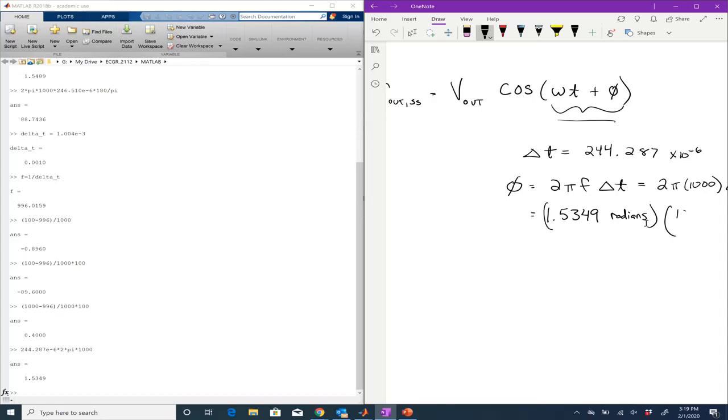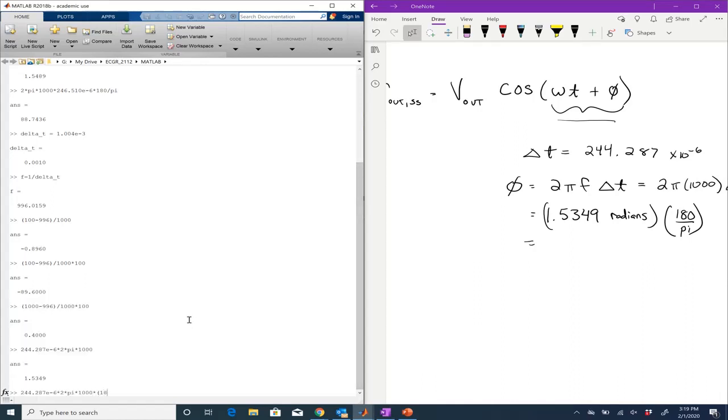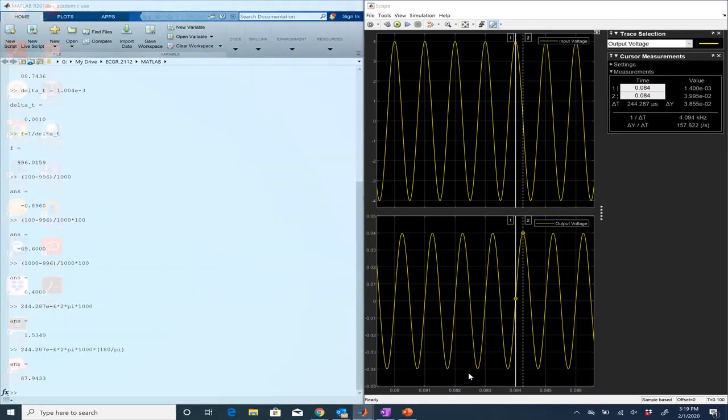So I say 180 over pi, like that. So I take that and multiply by 180 over pi, and I see that that's basically 87.9433 degrees. Okay? So that's a simple way to get some measurements here.